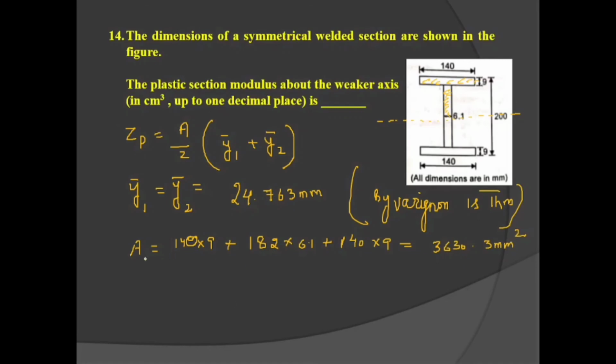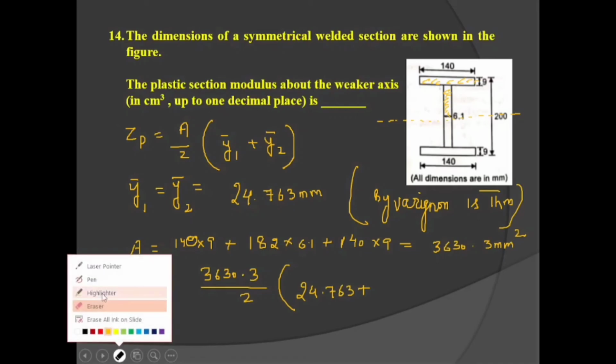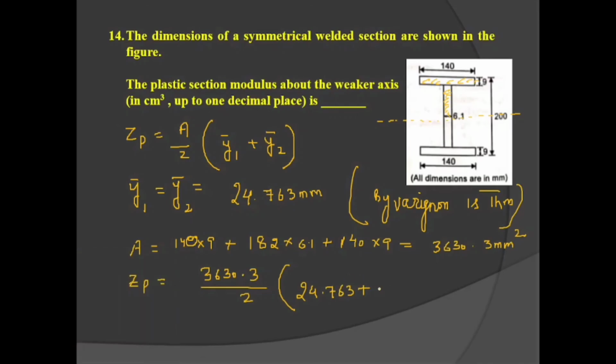Now ZP can easily be calculated. ZP is equal to the total area, 3630.3, whole divided by 2, into y1 bar, 24.763, plus y2 bar, which is also 24.763.